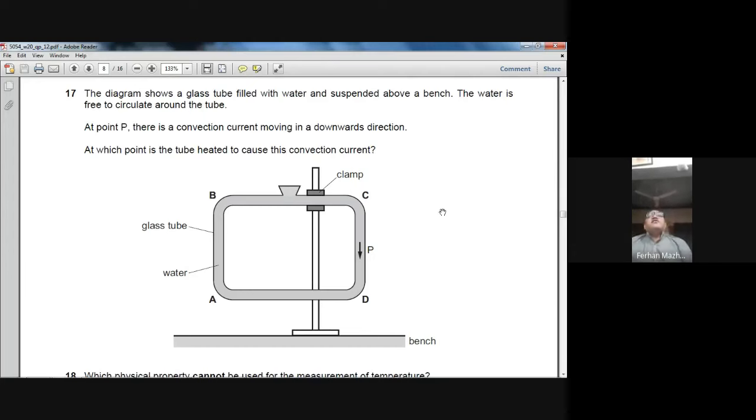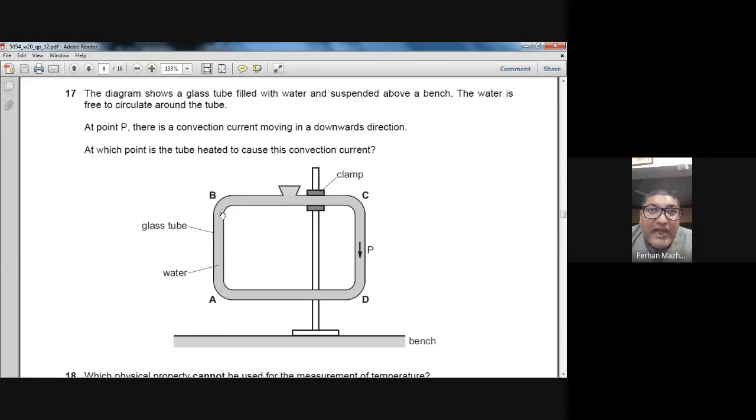At which point is the tube heated to cause the convection currents? Wherever you heat, from that point the water will start moving upward. Because the water here is coming downward, it means we have heated at point A. If I put a Bunsen burner or a candle here, the water will become less dense and rise upward.